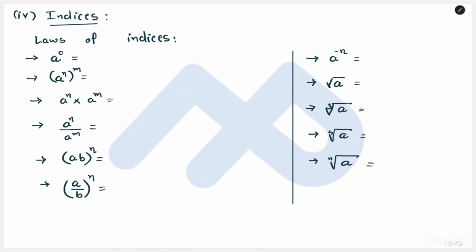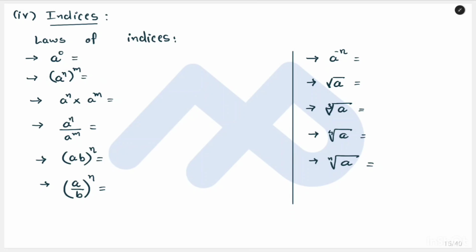So this is the fourth session of your first chapter, number system, and in this session we'll be covering the most important, the most crucial topic of this chapter, that is indices. And this is the same topic which will be covered in the second chapter also, where we will apply these indices to algebraic terms also.